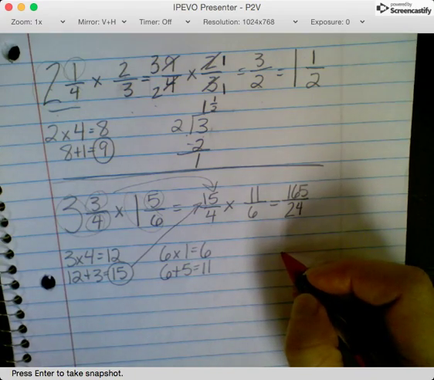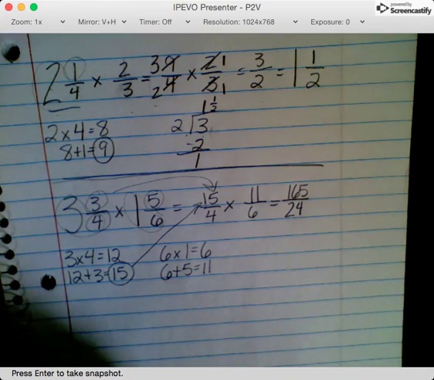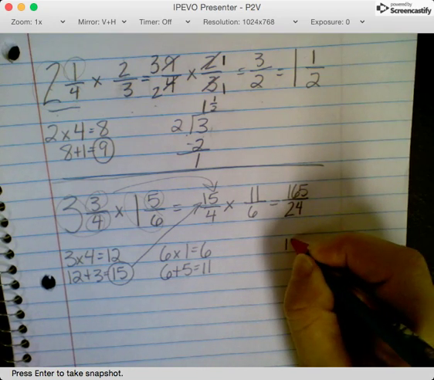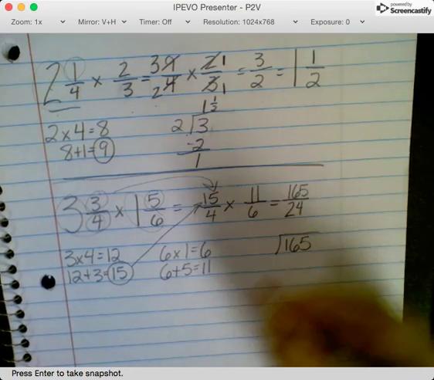So in order for me to make it back into a mixed number, I would divide 165 by 24, and it'll give me a whole number with something left over.